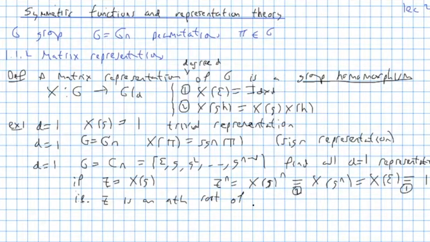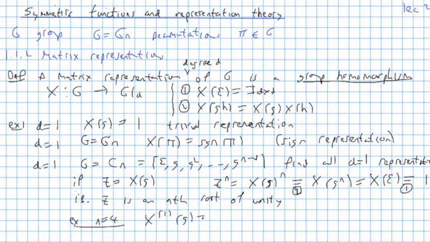Okay, so that restricts what the values can be. So for example, for n equals 4, there's 4 possibilities, so there's 4 representations, because once I know what happens to the generator, I know what happens to the other elements of the cyclic group. So if n equals 4, I have 4 such representations.